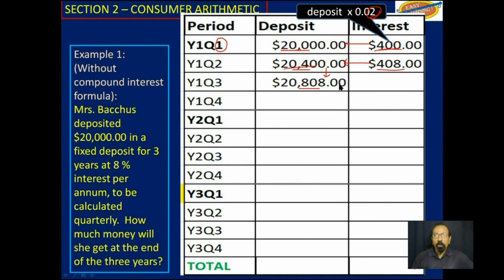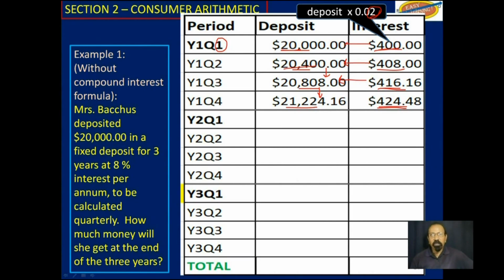Calculate 2%, which is 0.02, and we get this amount of interest for the third quarter. Add that to this to get the principal at the beginning of the fourth quarter. Calculate your interest on this, so multiply it by 0.02, which is 2%, and you get this interest.